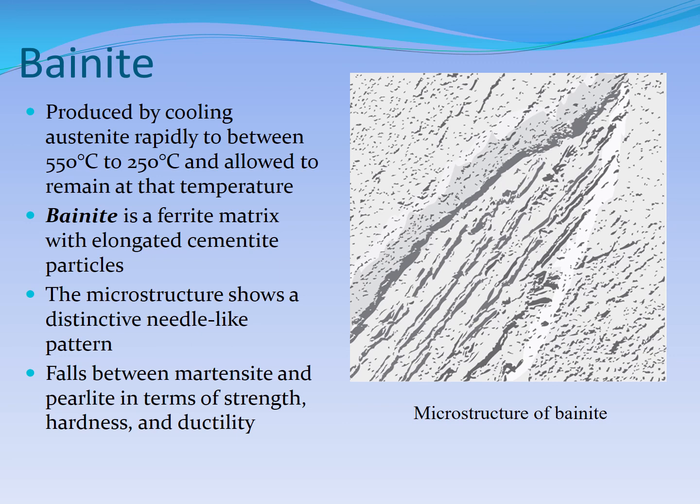Bainite is another non-equilibrium phase of steel. And the microstructure of bainite under higher magnification in the microscope looks like this. Bainite is produced by cooling austenite rapidly to between 550 and 250 Celsius and then allowing it to remain at that temperature. So this is a special thing now, right?